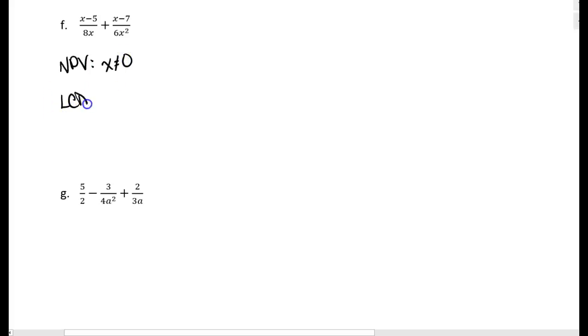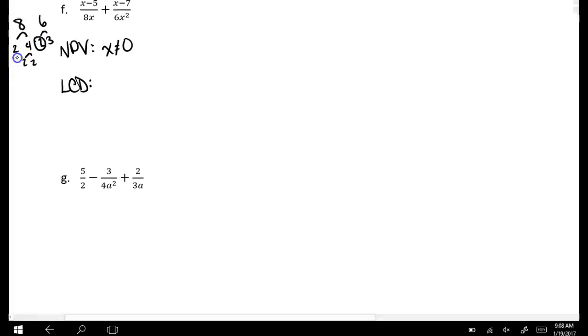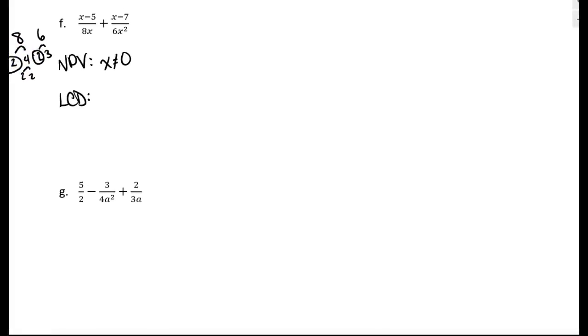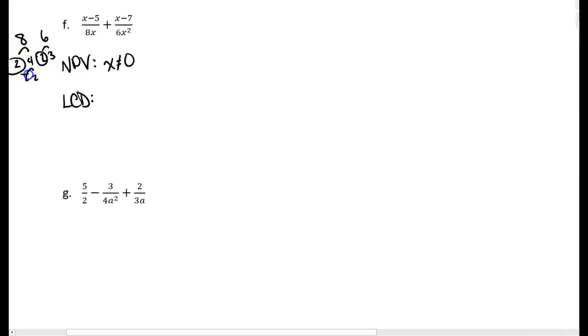My lowest common denominator, well, remember that 8 breaks down to 2 and 4, which is actually 2 and 2. 6 breaks down to 2 and 3. So one of these 2's actually counts only once. And then each of these ones needs to count on its own.